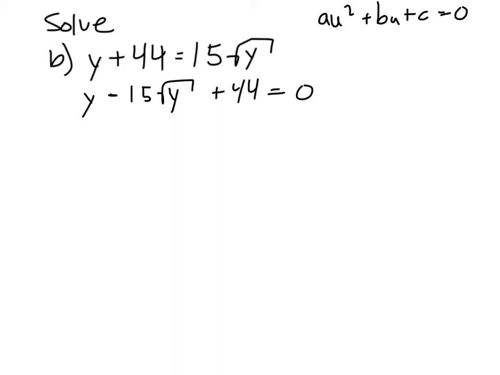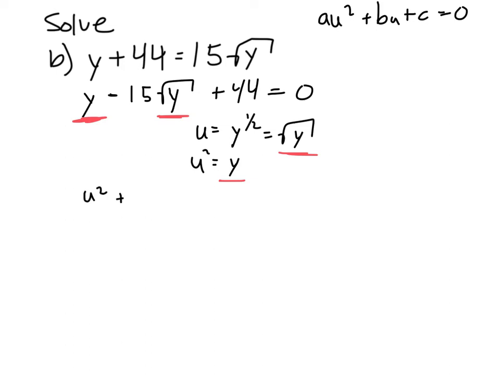Okay, and then I'm trying to see what u substitution is going to be appropriate here. So say I were to set u equal to y to the 1/2 power. So y to the 1/2 power is the same thing as square root of y. Then u squared would equal just y. And that's great because we have it in the form. So instead of y, I'm going to write u squared.